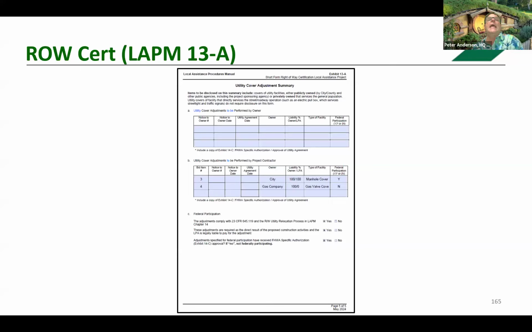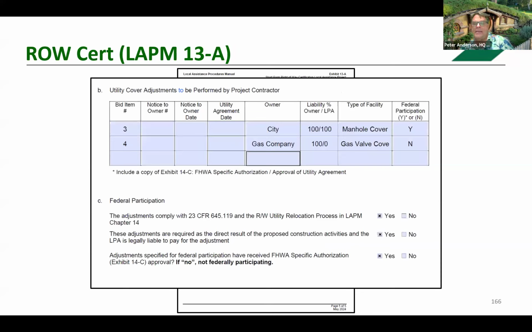So it's where you've got an A and a B. That investigation will ultimately make the determination whether the adjustment is to be federally eligible. For our project, we have 2 cover adjustments that will be included in the construction. Here are the city manhole covers, which have been determined to be federally eligible, and the gas valve covers, which are not.